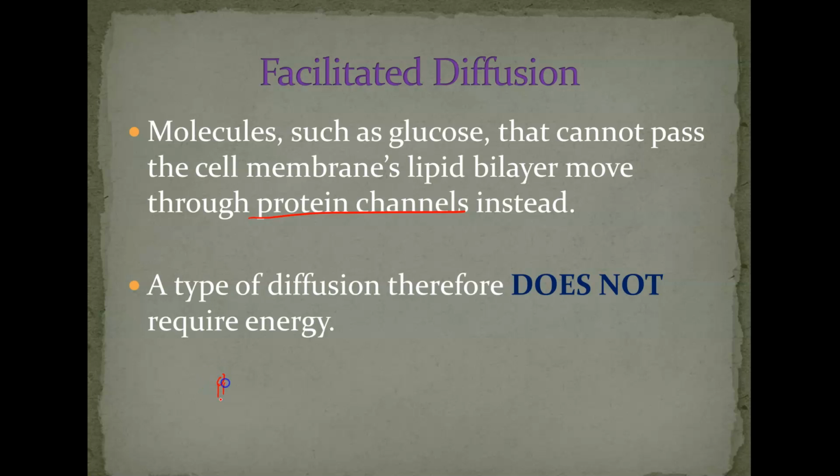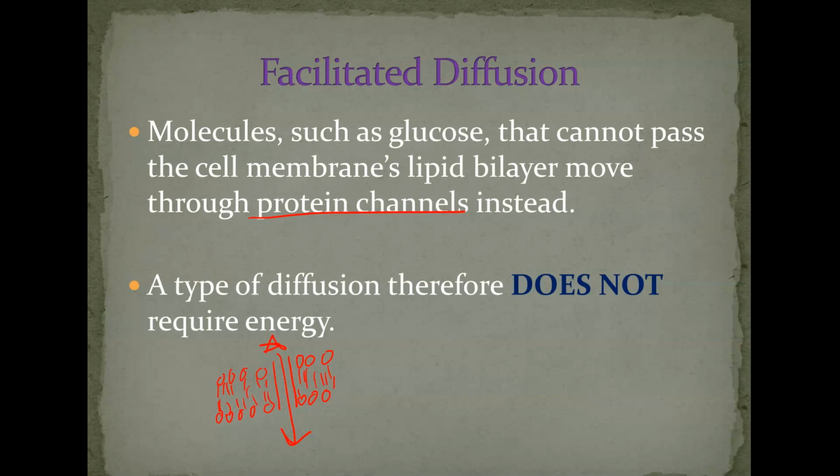We have our membrane here, and our protein channel is just going to be like that straw that allows the big molecules to pass through. So that's what facilitated diffusion is.